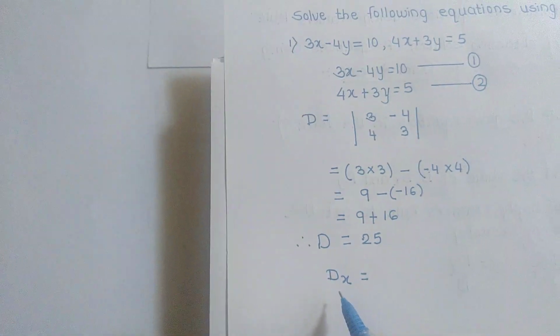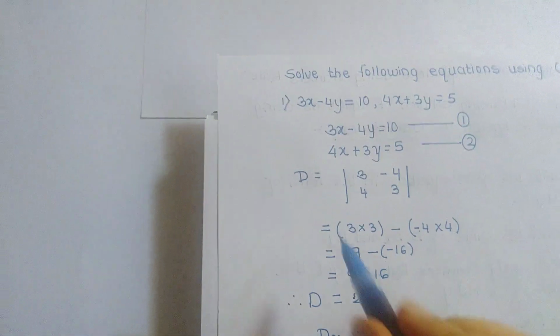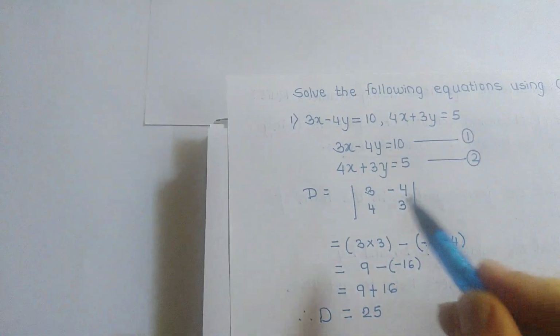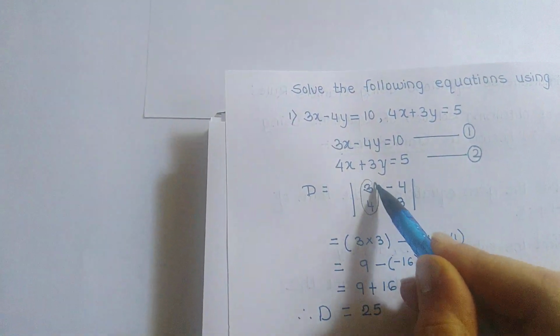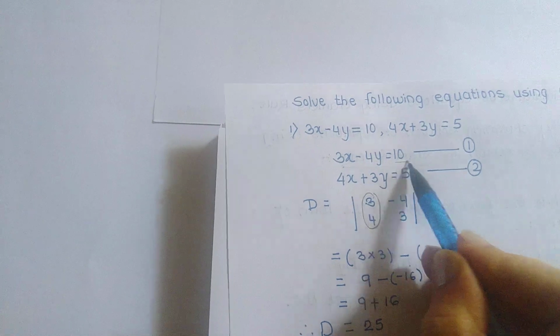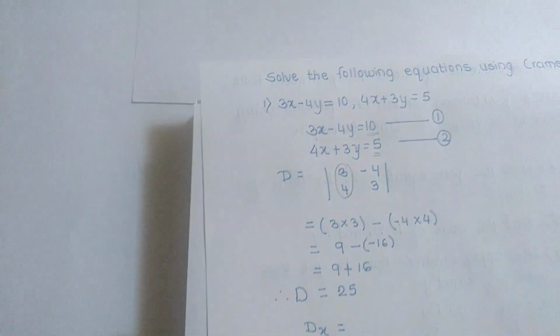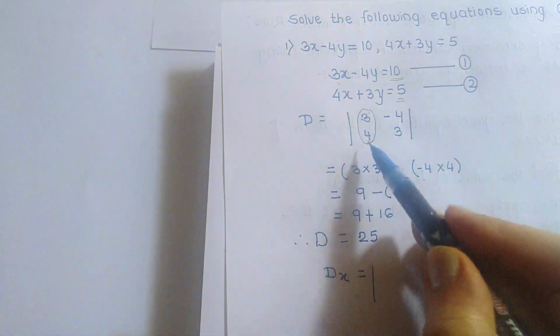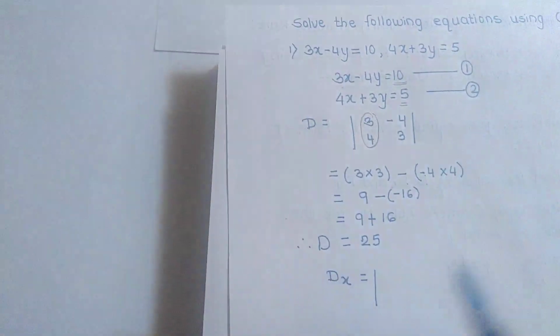Next step, we have to find the value of Dx. While finding the value of Dx, in D, the coefficients of x, that is 3 and 4, are to be replaced by the constants 10 and 5. So now Dx can be written as, instead of 3 and 4, we'll be writing 10 and 5.